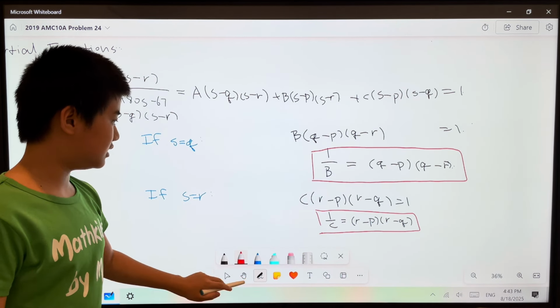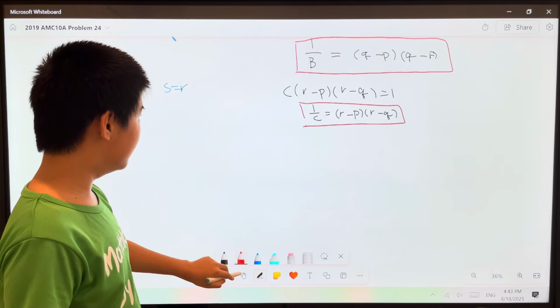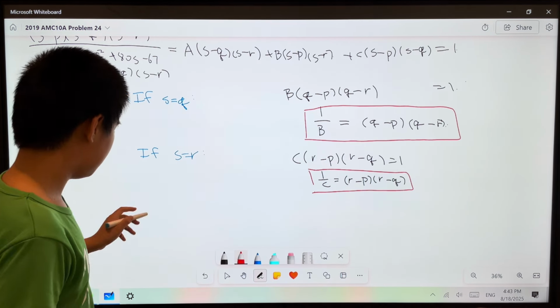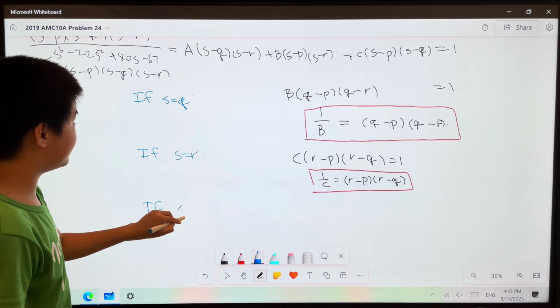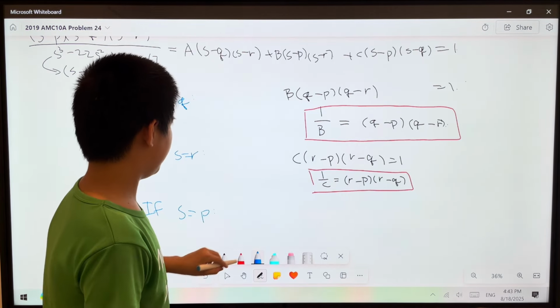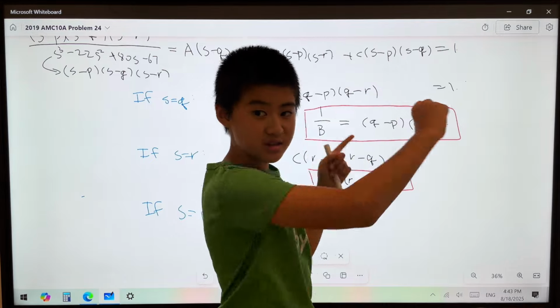Right, r minus p times r minus q. And okay, now for the last piece of our puzzle, where we find if s equals what's left, p, we can find what a is, right? Because then we get p minus p is 0, p minus p is 0.